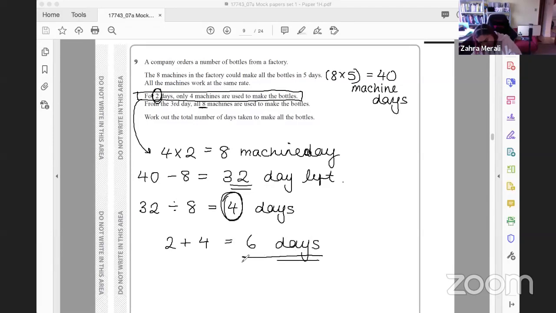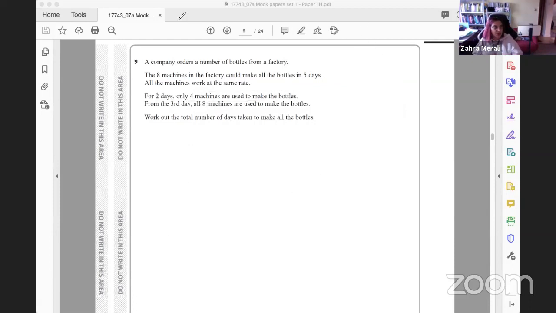That's the number of days to make all the bottles. So I'm translating it into machine days in order to be able to calculate these. It's a little bit strange, but you've got to really think about these questions, like what exactly are they asking? All right, let's have a look at the next one.